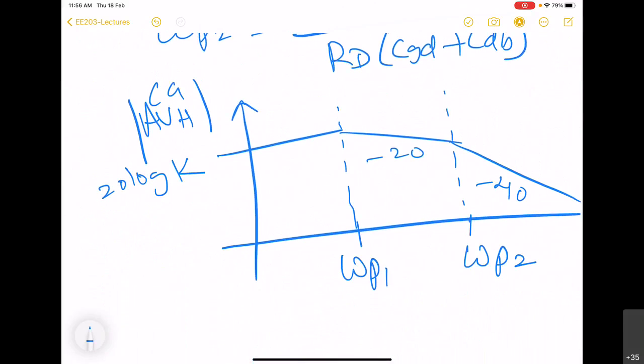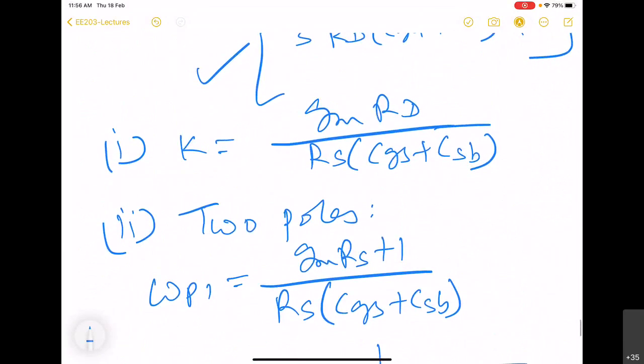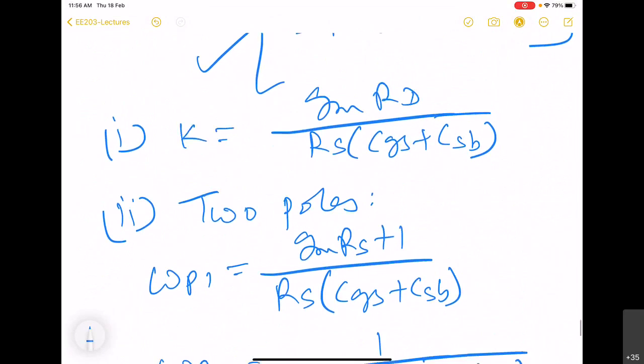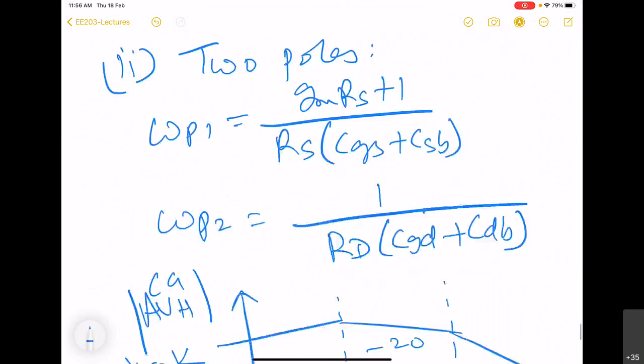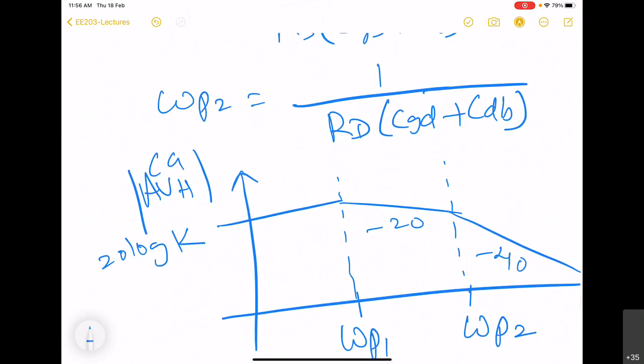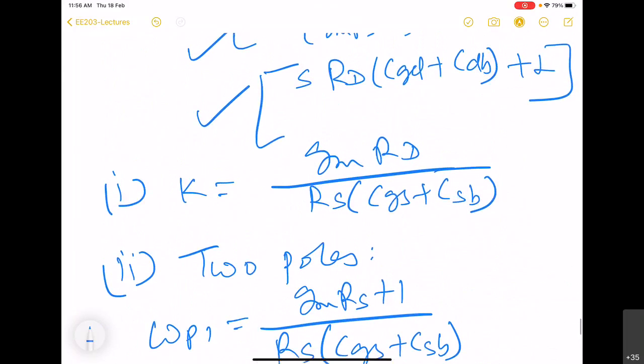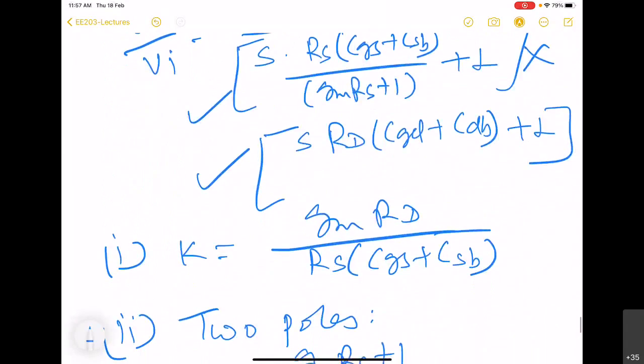Right. And this value here, so here we have 20 log K. No, I made a mistake.